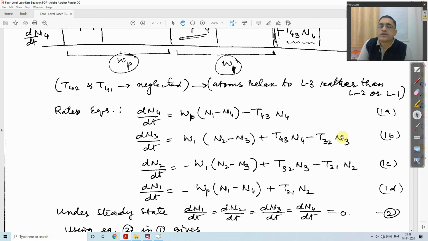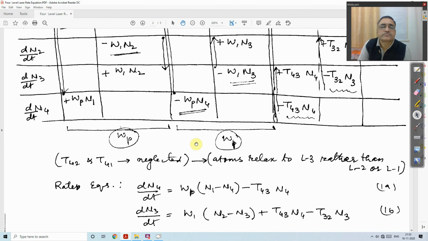So we can write easily the rate equations. dN4 by dt is equal to plus WpN1 minus WpN4 minus T43N4.